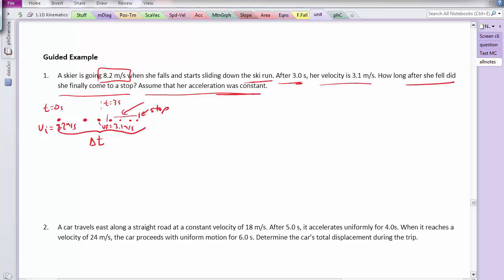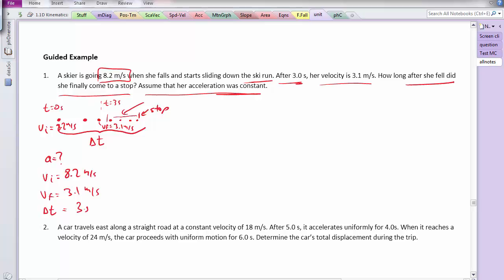So what we need to find is the acceleration as she's falling down. We have the V initial is 8.2 meters per second, the final velocity is 3.1 meters per second, and the delta time is 3 seconds.